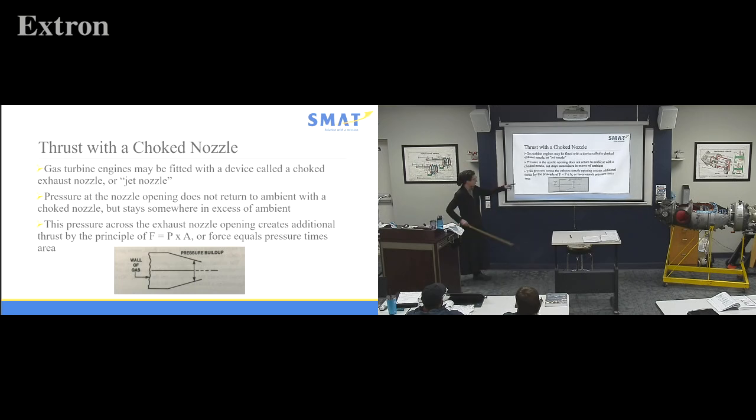So what's happening, what kind of duct is this? Convergent. So what's happening with velocity?